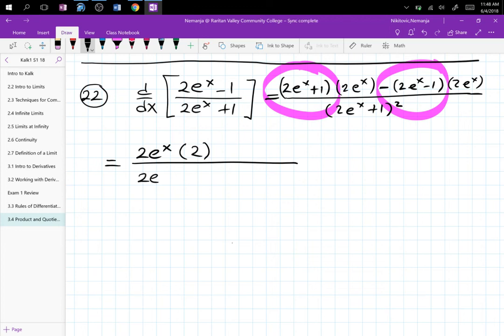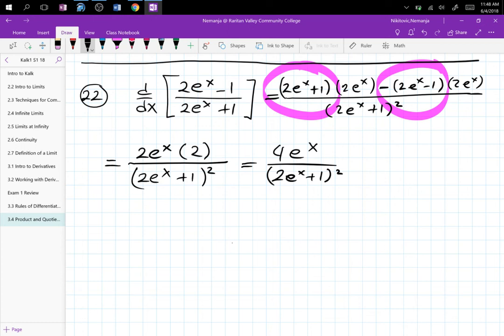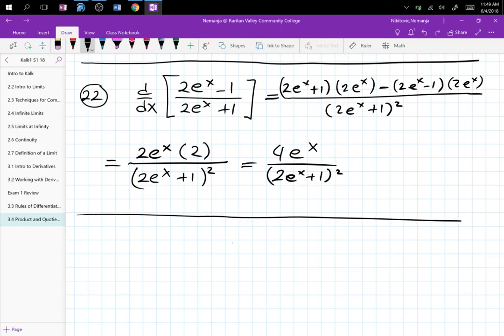And then you have 2e to the x plus 1 squared in the denominator. So it's 4e to the x divided by 2e to the x plus 1 squared. So instead of foiling and then adding and subtracting, you can actually factor. That's the first out of 2 problems.